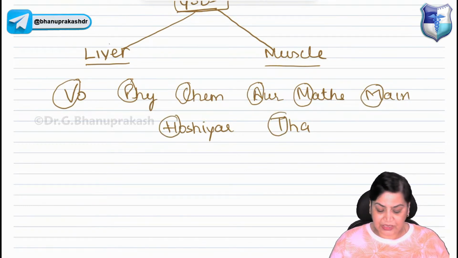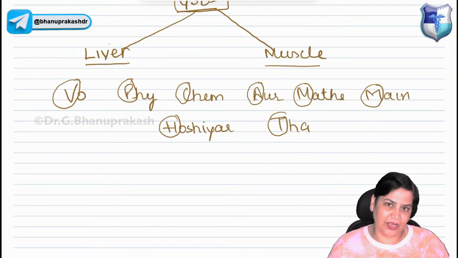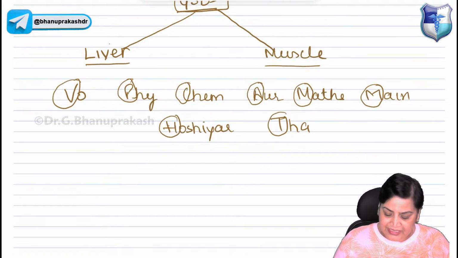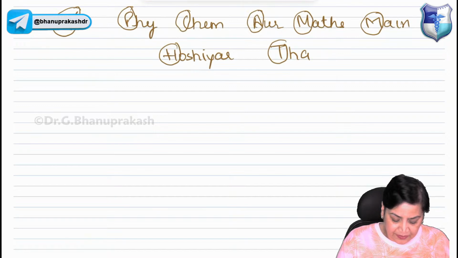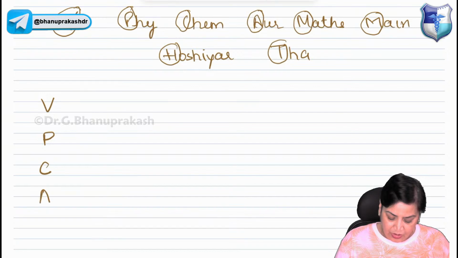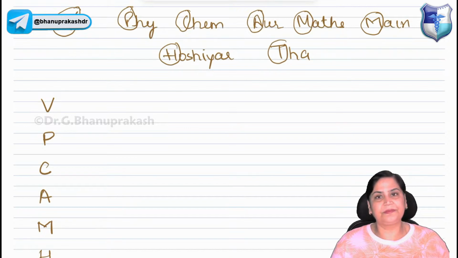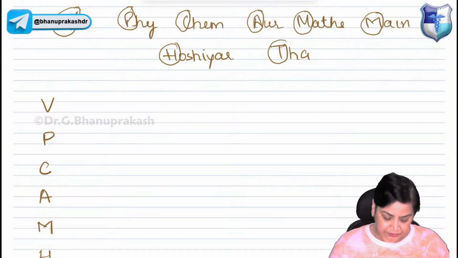You have to take just one alphabet of the entire mnemonic, right? So I can simply write like this: physics, chemistry aur maths mein hoshiyar tha. Clear?